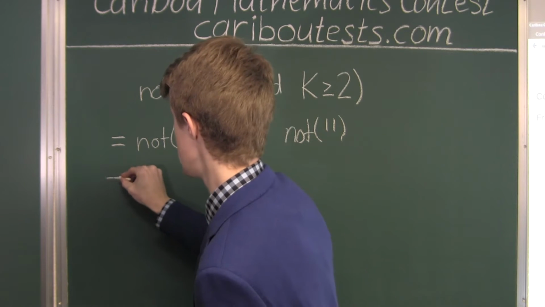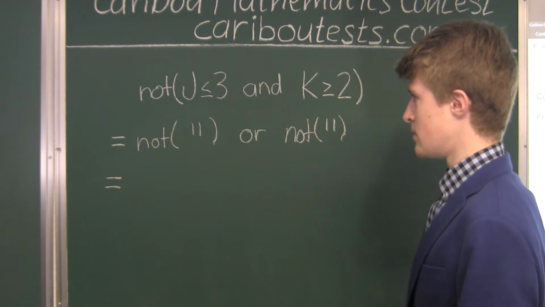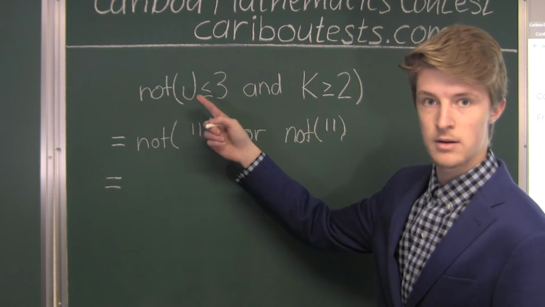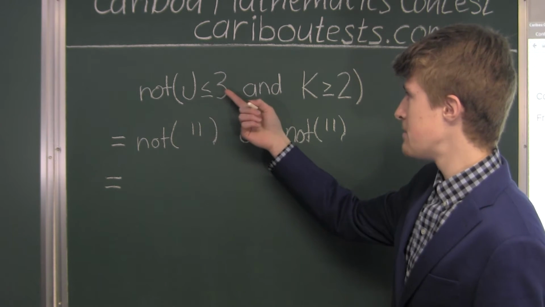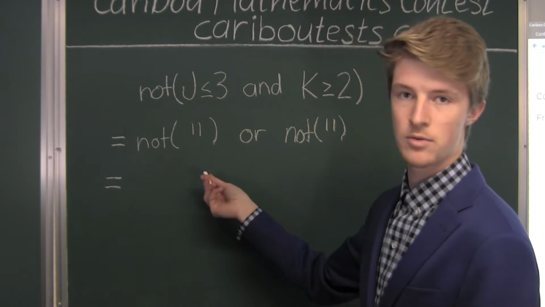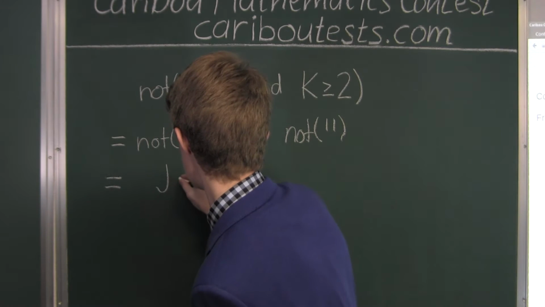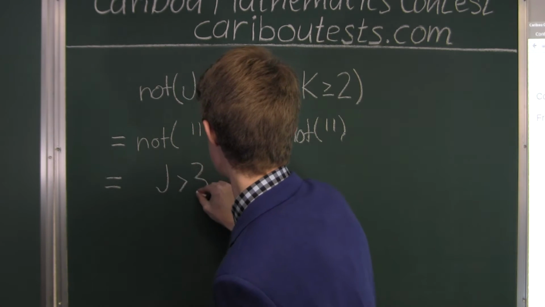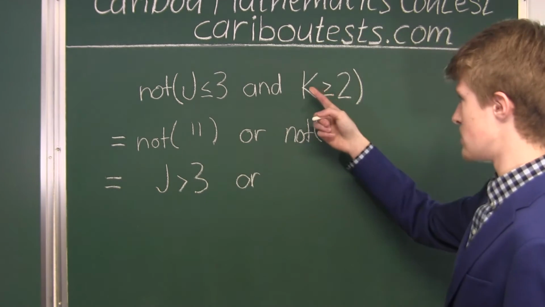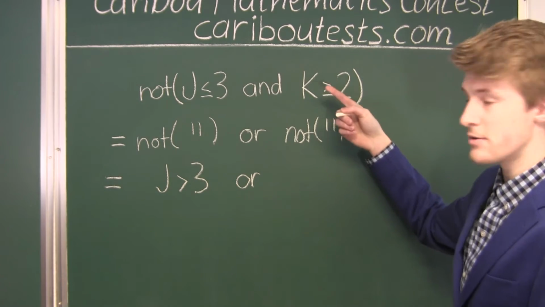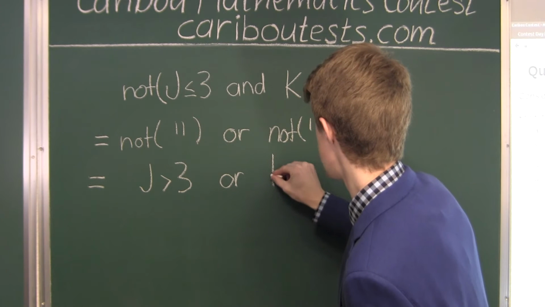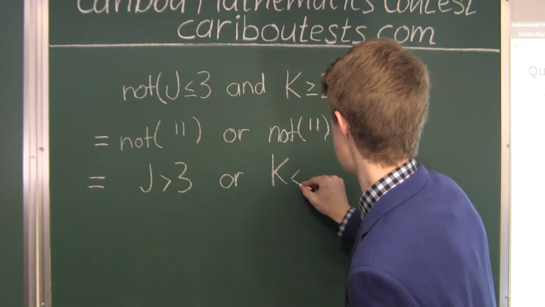Well, this is equal to the opposite of J less than or equal to 3. Because this is less than or the same as 3, the opposite would just be more than 3. So we have J greater than 3. Then we have the "or", and the opposite of having at least 2, so K greater than or equal to 2, would just be having less than 2. So K less than 2.